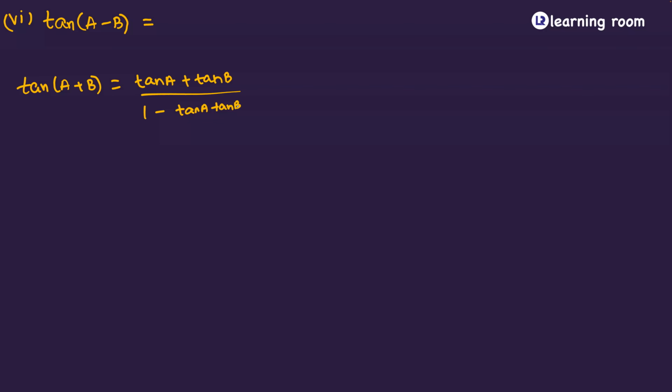So all that you need to do is replace the plus with minus and the minus with plus, meaning this will be tan A minus tan B, the whole divided by 1 plus tan A tan B.